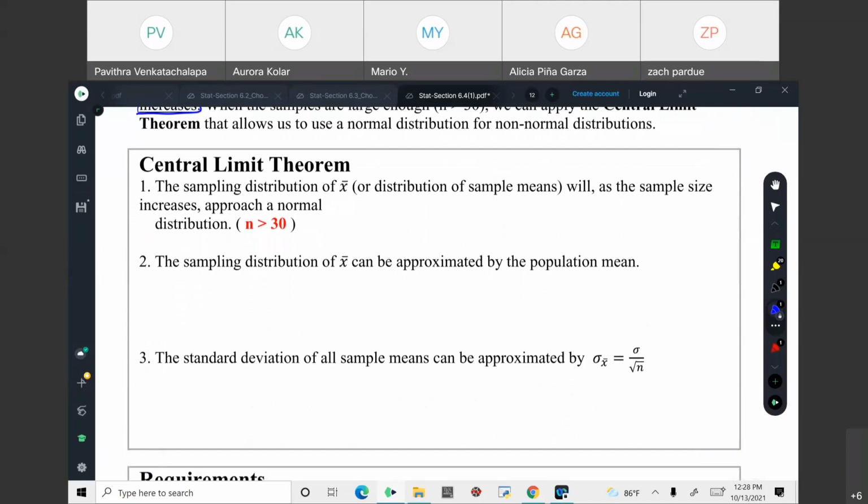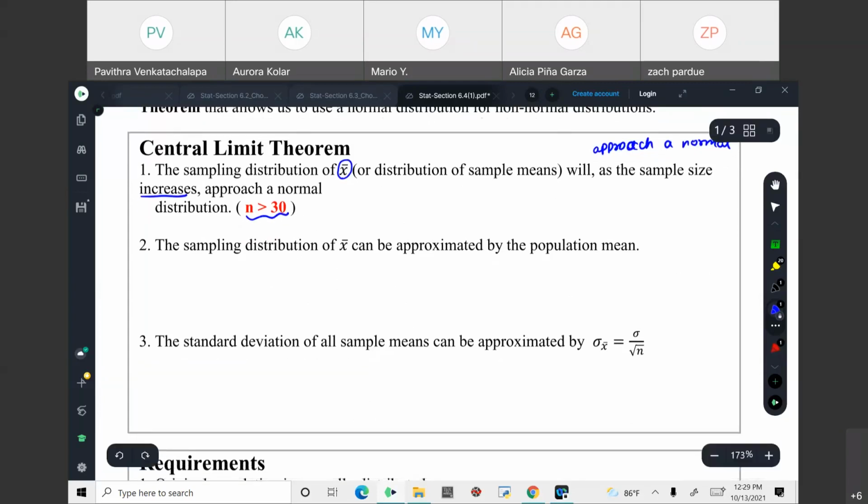Now the sampling distribution of x bar, or sample means, will be normally distributed, or it will approach a normal if the sample size increases. And how much should the sample size be? It has to be greater than 30. Okay, now that's one requirement.